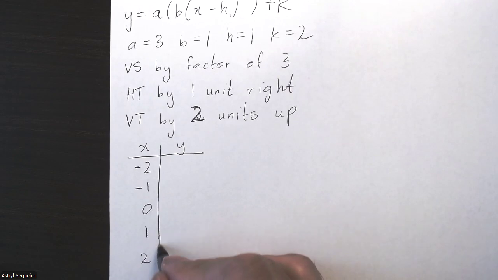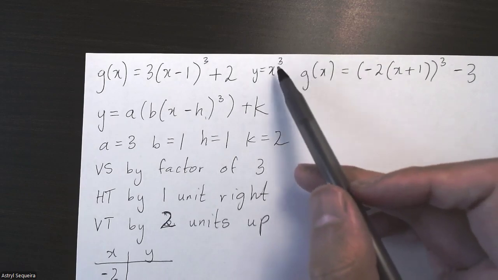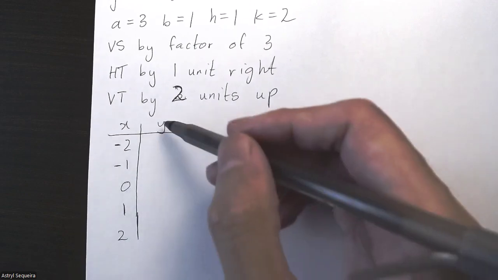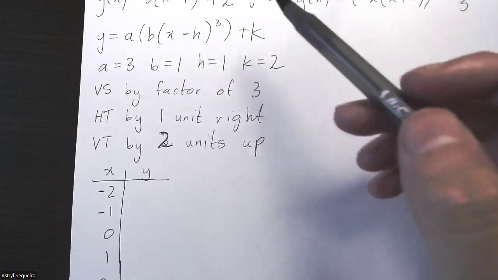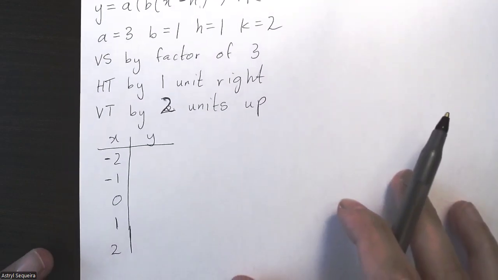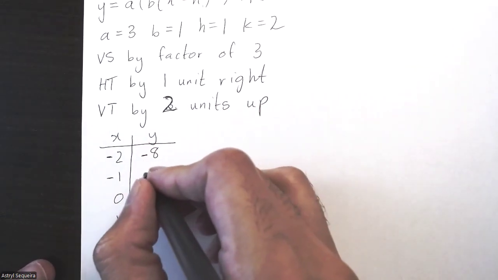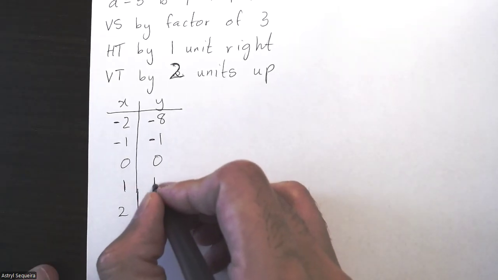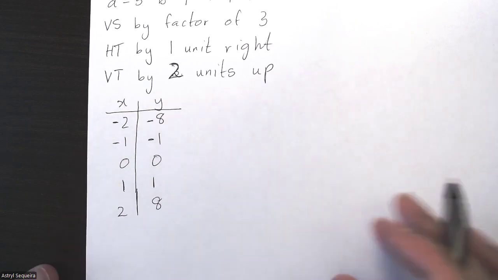For each individual function, you have a different set of x values, but that's what you take for x squared, for x cubed, for x to the fourth. Basically, all polynomial functions have those x values. To find the y values, all I have to do is cube all of these values because that's my parent function. So -2 cubed is -8, -1 cubed is -1, 0 cubed is 0, 1 cubed is 1, and 2 cubed is 8. So that's my parent function over there.